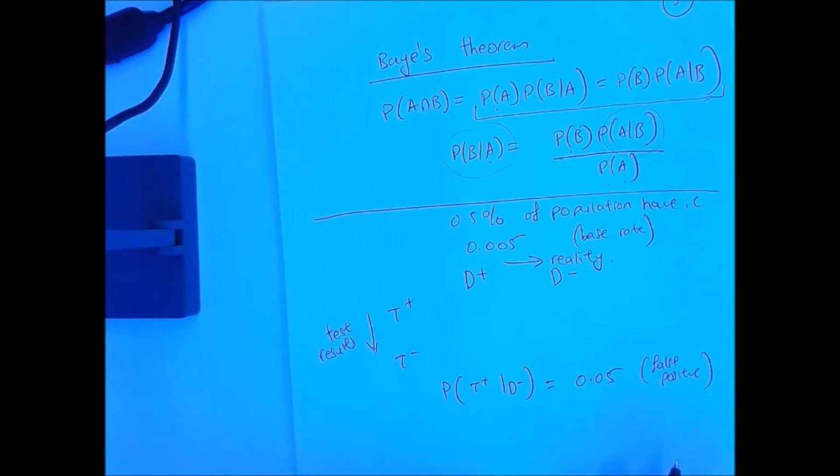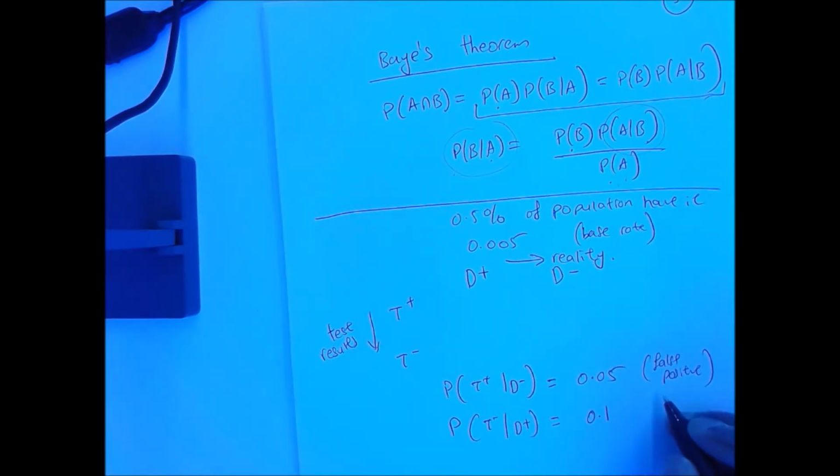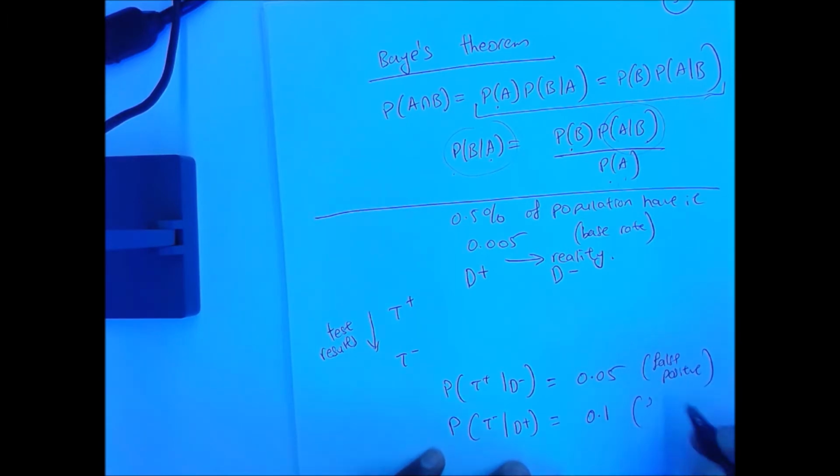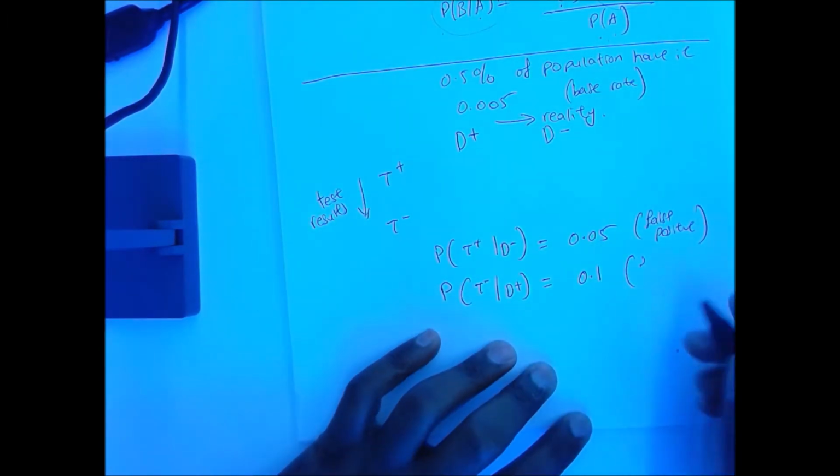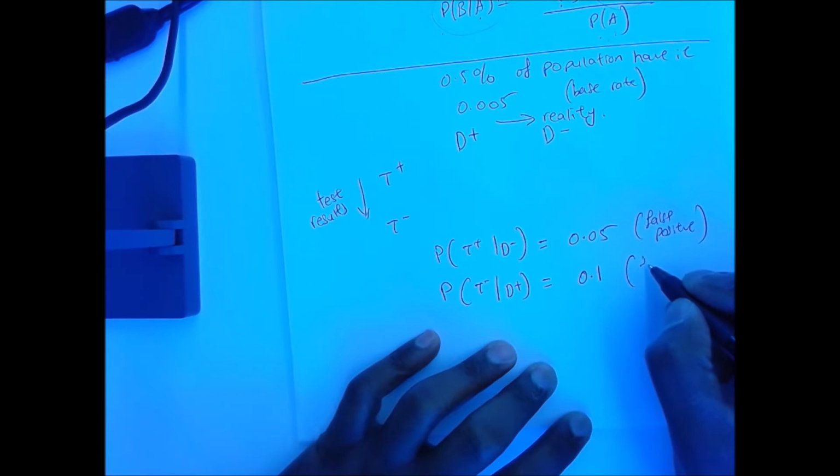Okay, and then the probability that the test tells you don't have a disease, but you actually do, is 0.1%. So this is a false negative.